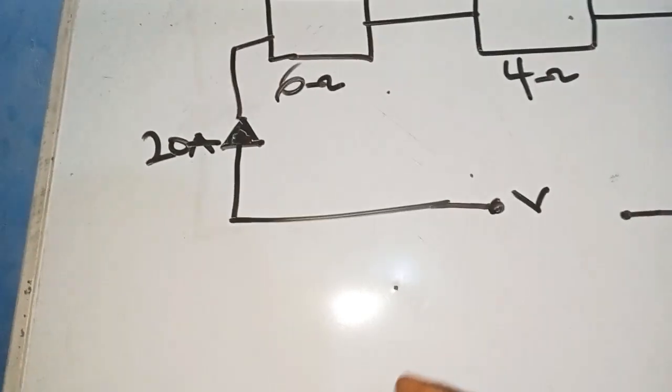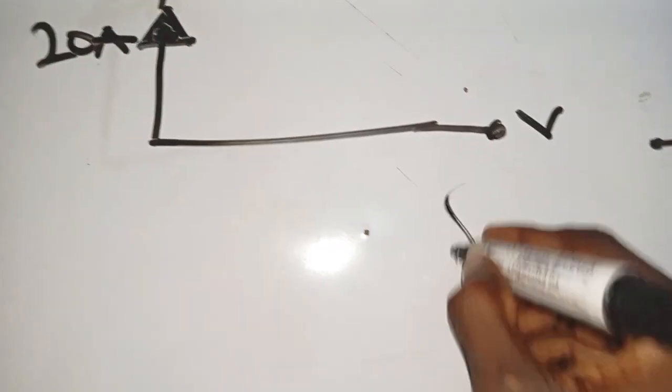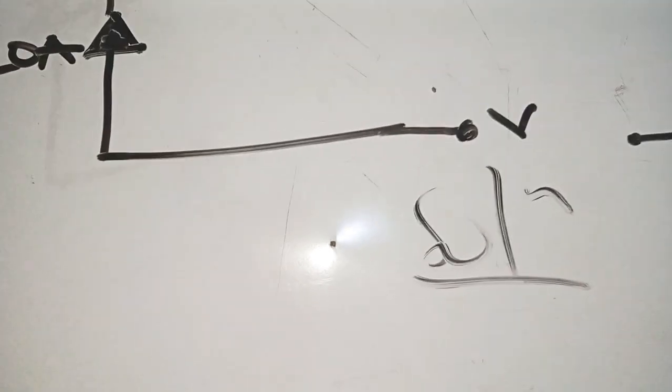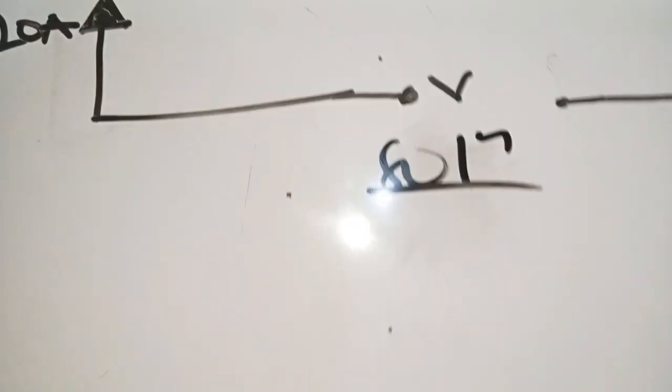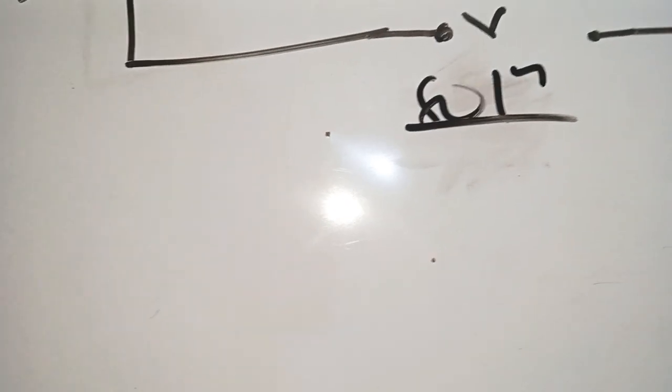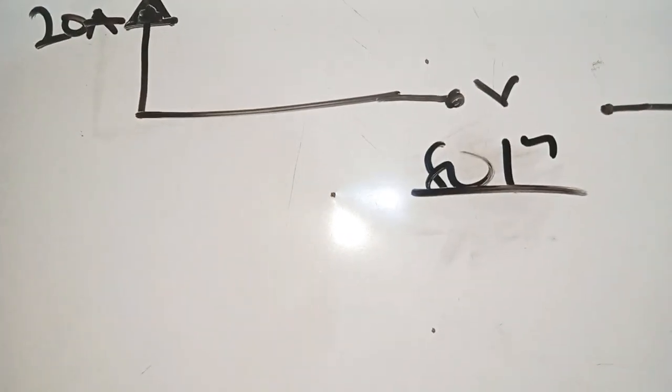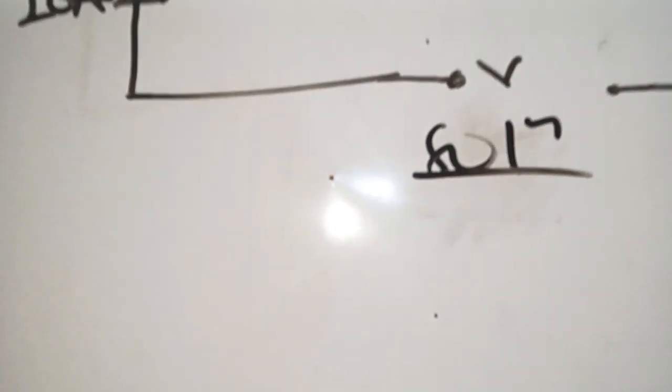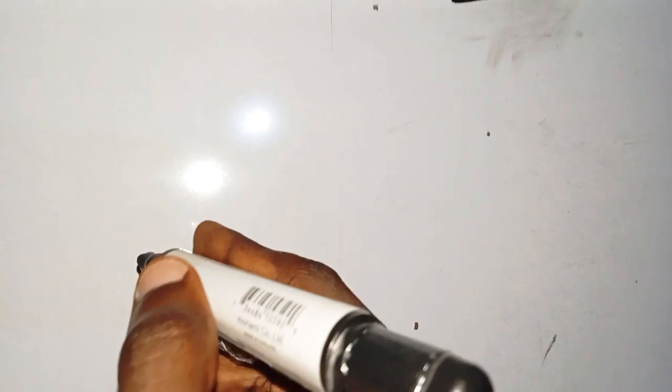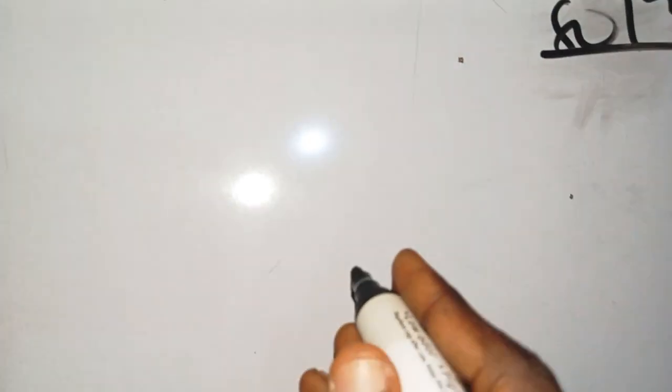So in my solution, I'm going to find the total voltage in this circuit. First I sum the resistors up.